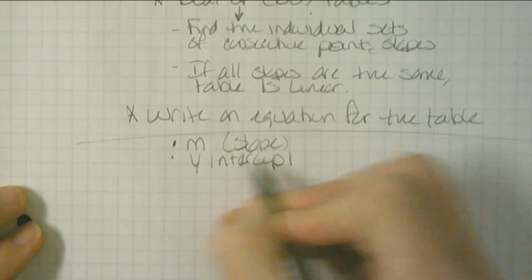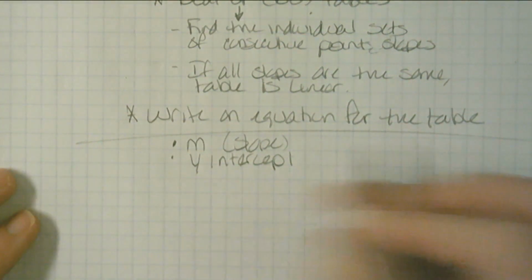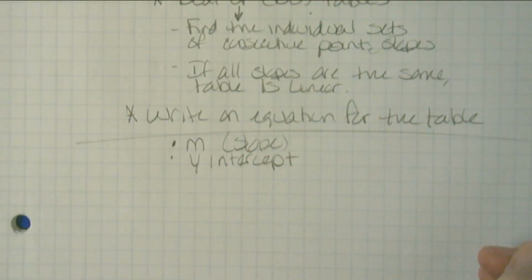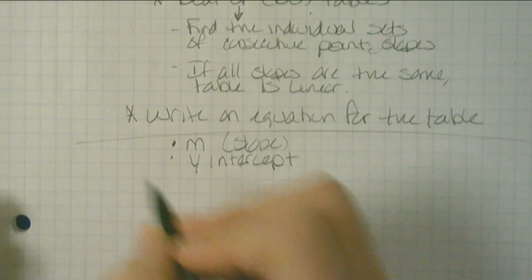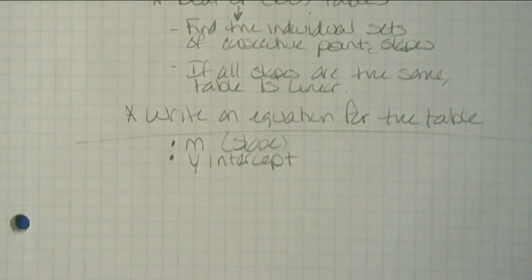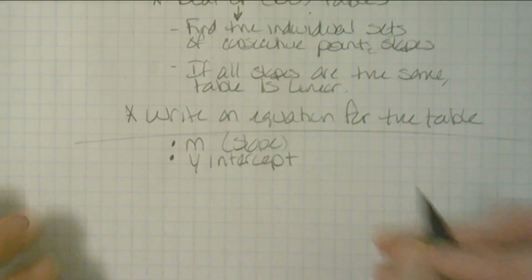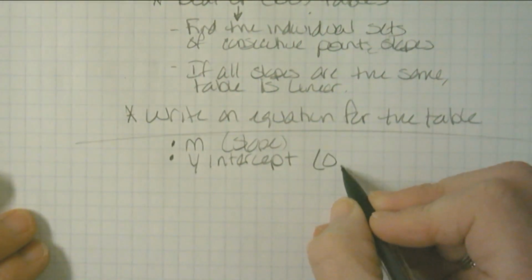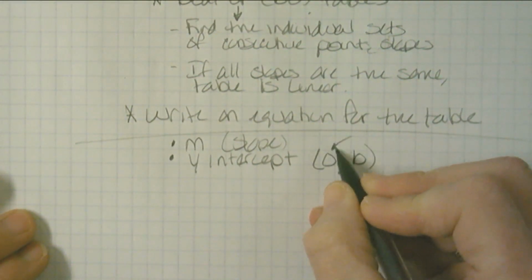What does a y-intercept look like when we have coordinate points? How am I going to identify a y-intercept on a table? Yeah, so remember, my x value is 0.